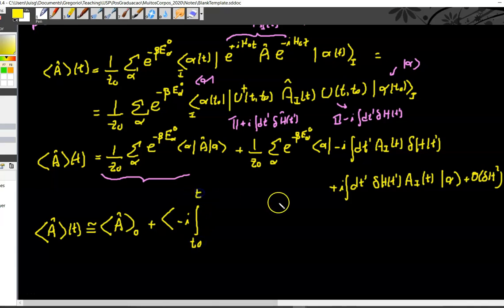The limits are very important here, okay? Because I can only start at t naught. That's when I turn on my interaction. Remember, t is larger than t naught. dt prime times the commutator of A and delta H, because there's going to be a minus sign here, okay? The commutator of A in the interaction picture at time t and delta H at time t prime.